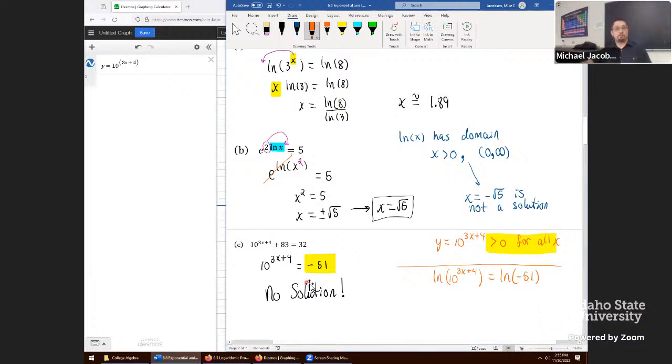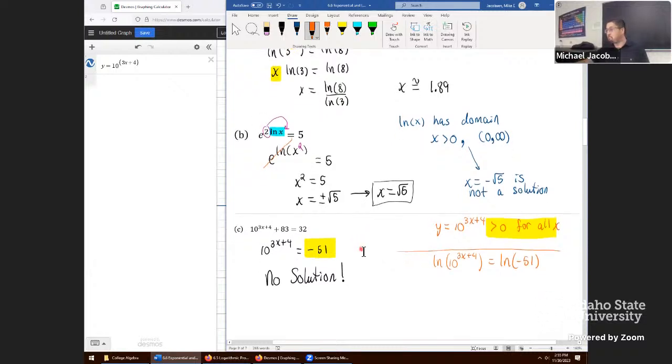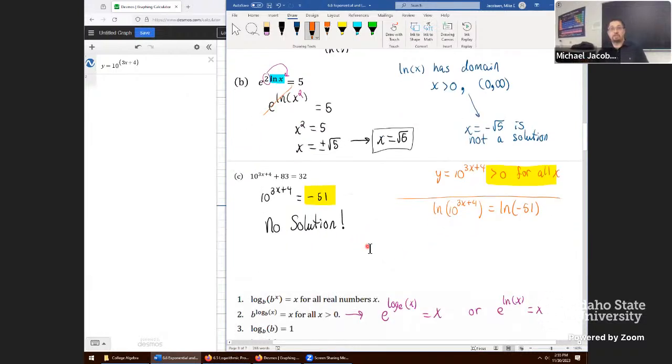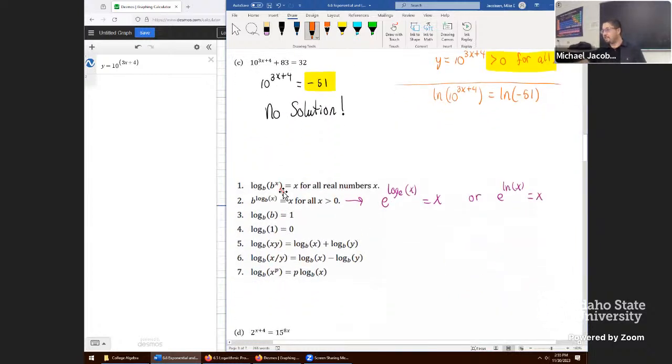So there's no solution for multiple reasons, and either way you detect it is equally valid, I'd say. You can't proceed by the logarithmic statement, and also the equation just doesn't even make sense. The graph of 10 to the power 3x plus 4 is a positive graph. So watch out for those kinds of equations. Sometimes there's an equation where there's nothing to do but say no solution, like this one. Well, any questions at all, folks, with A, B, and C so far? Okay, let's try out then our next one, part D.